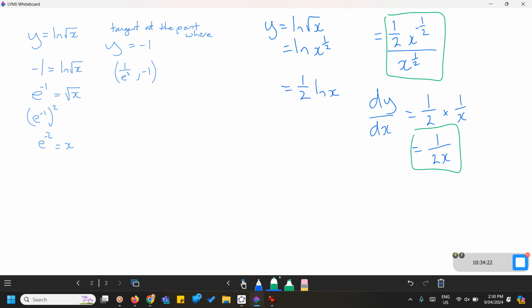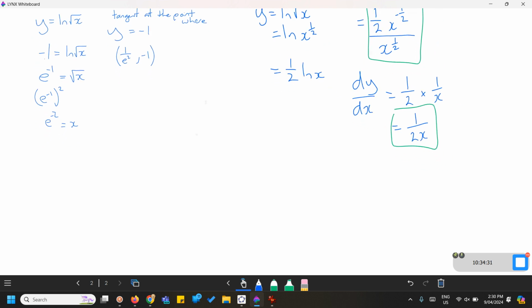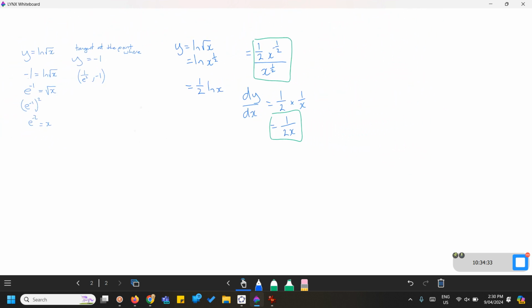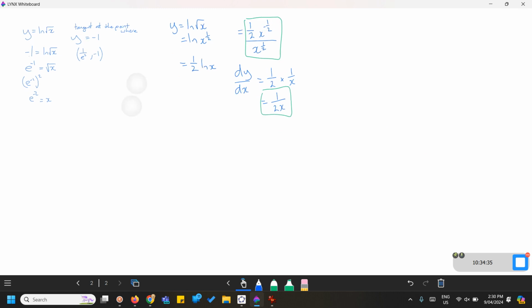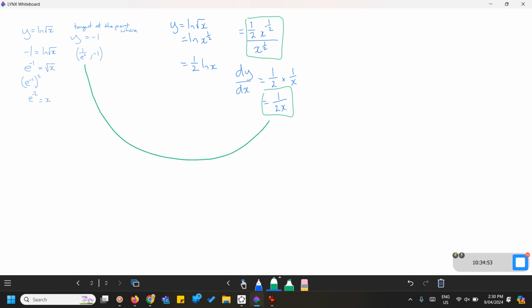Next step. We're going to use the same formula from the book to work out the equation of the tangent that we did before. Actually, I haven't worked out the slope yet, have I? All I've found is the derivative. To work out the slope, I need to substitute my x value into my derivative.